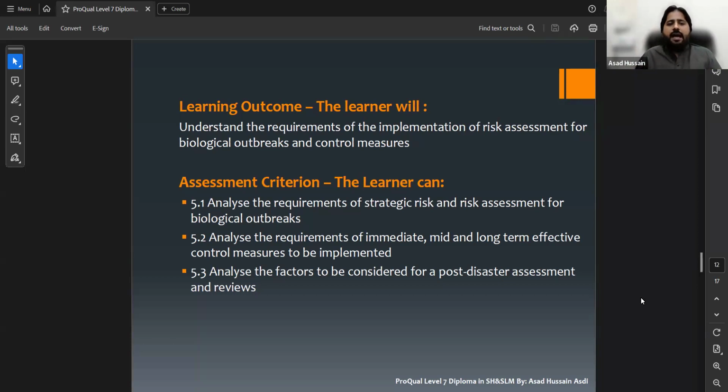So in 5.3, analyze the factors to be considered for a post-disaster assessment and review. In any organization, conditions which are not expected, or which are not considered, can happen, and in that case there are losses, and those losses are too much, their severity is too much.